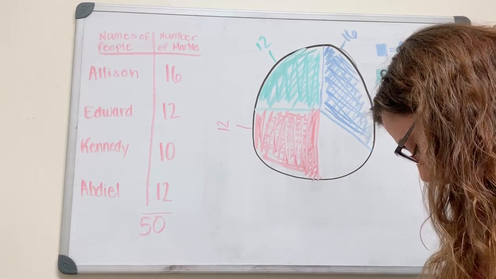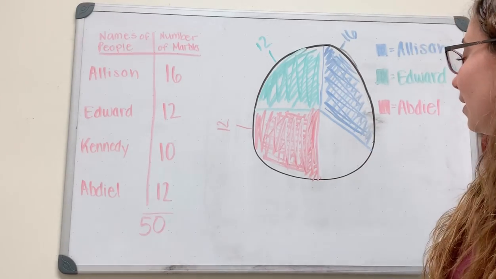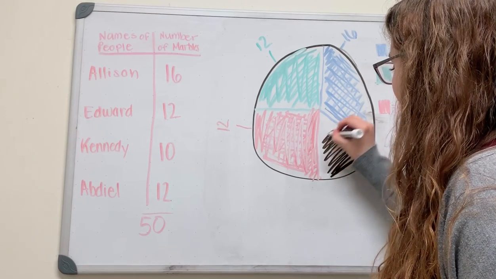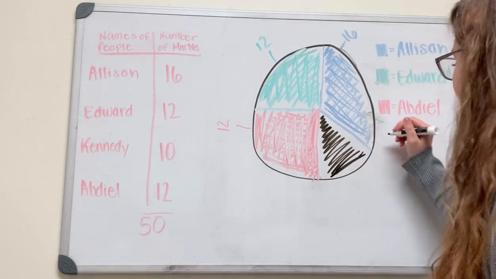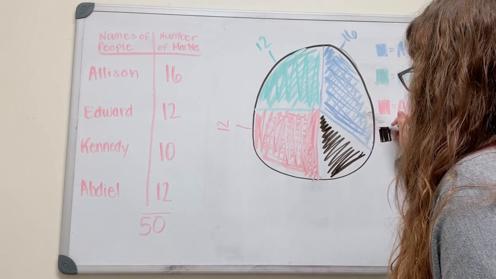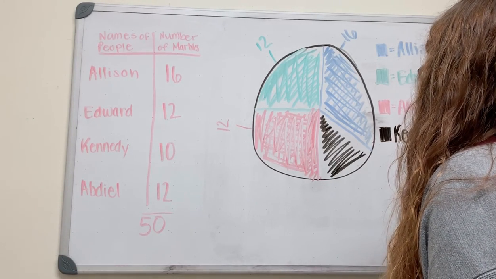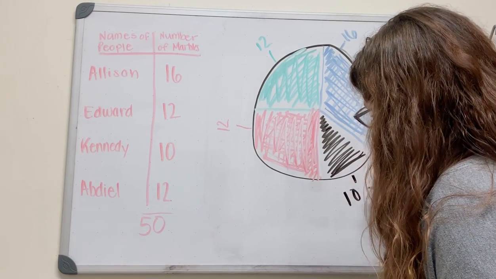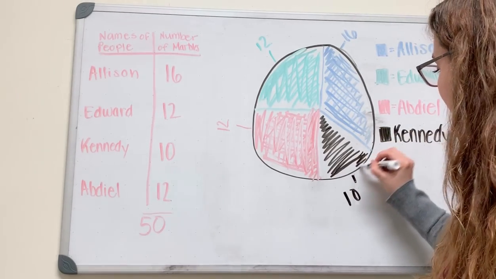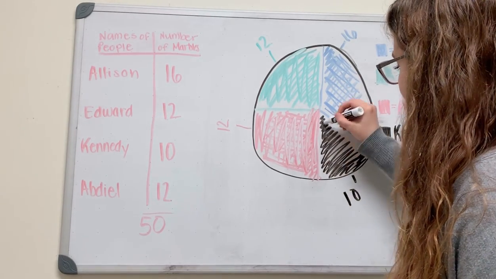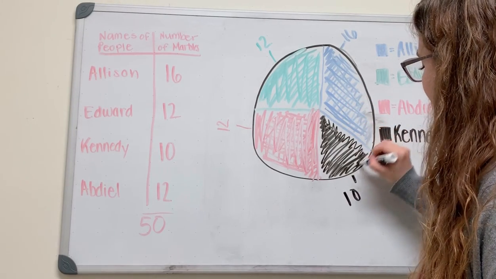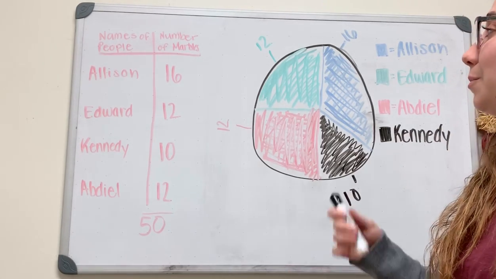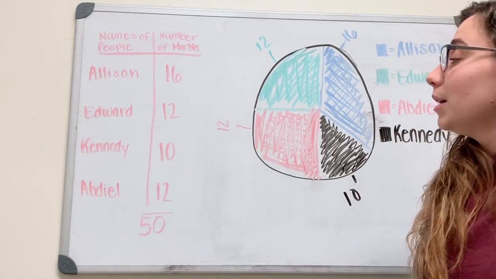So now that leaves us with the very last portion. I'll shade that in so you can see it. And that is Kennedy's portion. And she has 10. So now, again, this is just a different way to visualize how many marbles each person has.